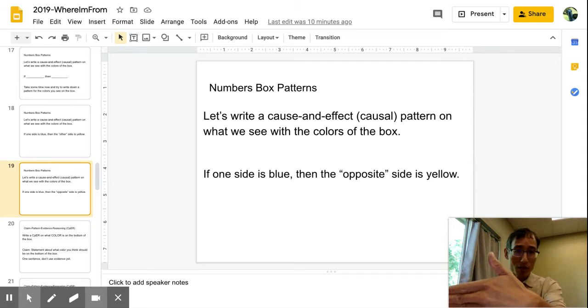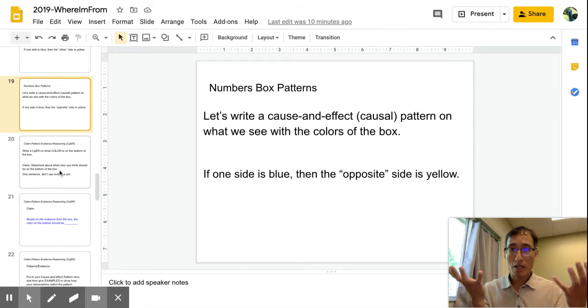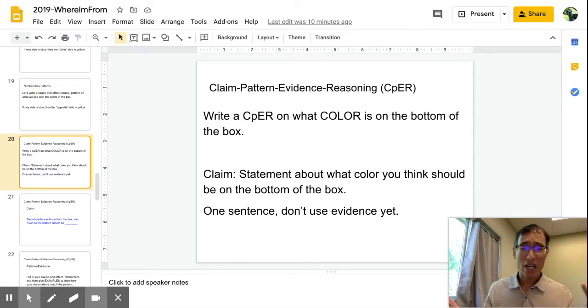So if I have one side is blue, the opposite side is yellow, and so what we're going to do is write a claim, pattern, evidence, reasoning. A CER, we've used CERs before, but I'm going to add a P in there. It's a CpER, and we're only going to focus on the color of the box.